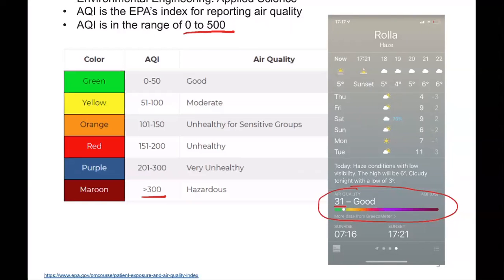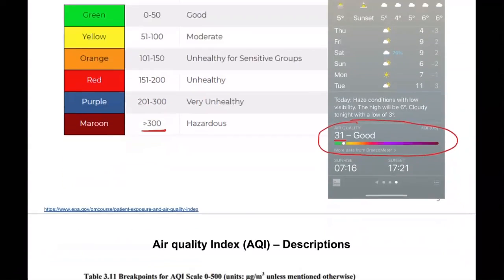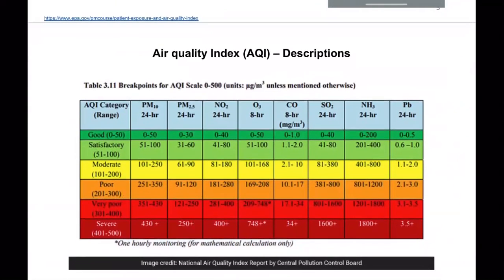Okay, but how do we get these air quality index numbers? We get them by measuring the concentration of the air pollutants. This involves some more precise instruments to measure the concentration, either the mass or the number concentration, of these air pollutants.